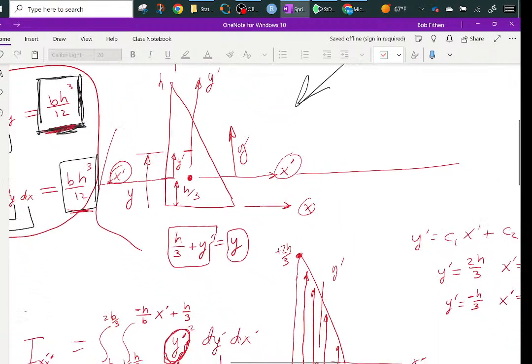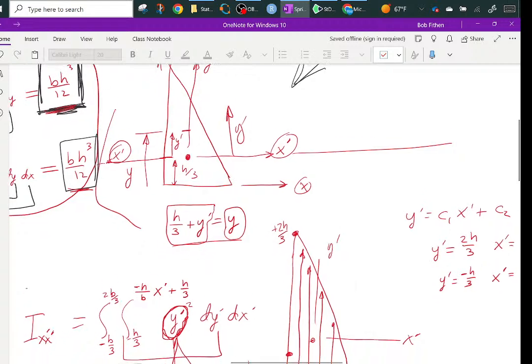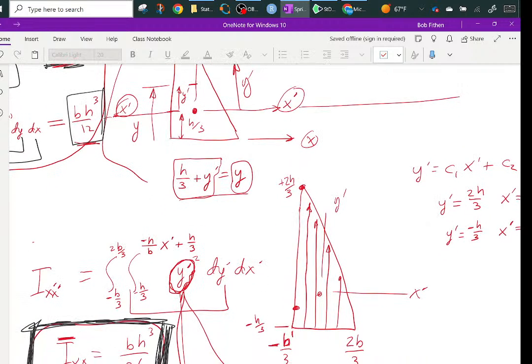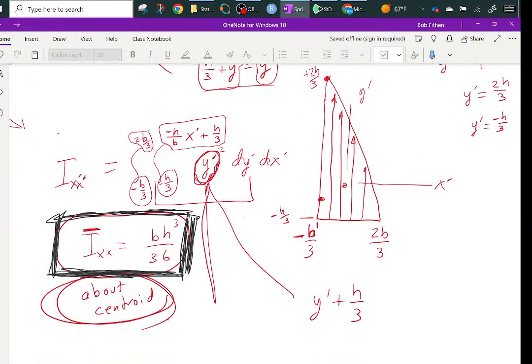Well, I started realizing I've got to shift the coordinates. So I shifted this, and I had to shift this, because I had a new coordinate system. So I shifted all those, did an integration, and I said, okay, that is about the centroid. That is a special term, which is this.